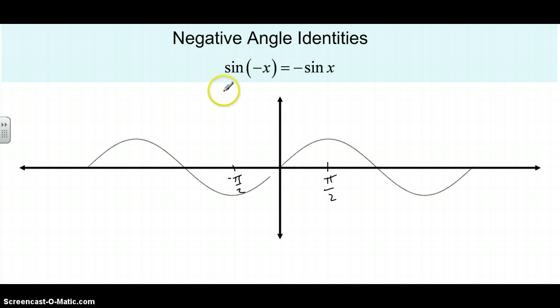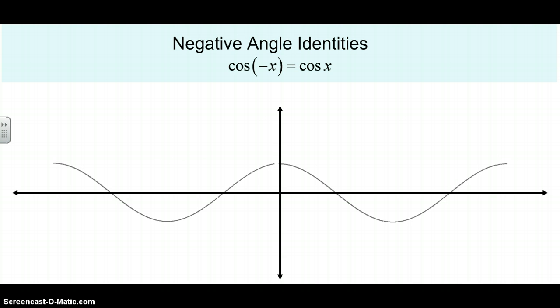You can see that sine of negative pi over 2 is going to equal negative sine of pi over 2. Sine of pi over 2 is equal to 1, and therefore sine of negative pi over 2 is equal to negative 1. And you can tell this is going to be true for all the angles looking at your graph because of the symmetric properties of the sine curve.